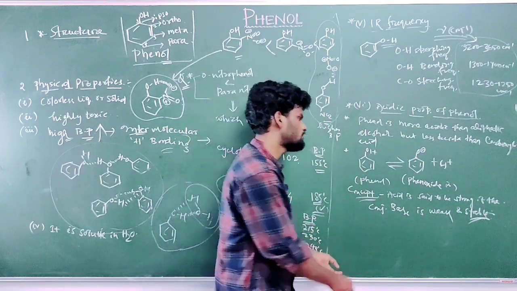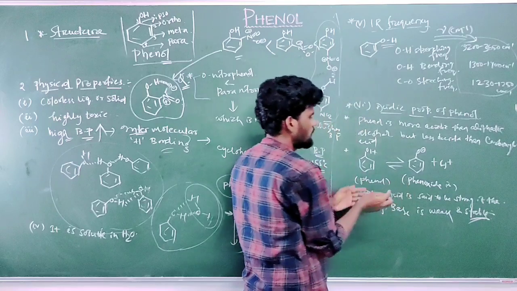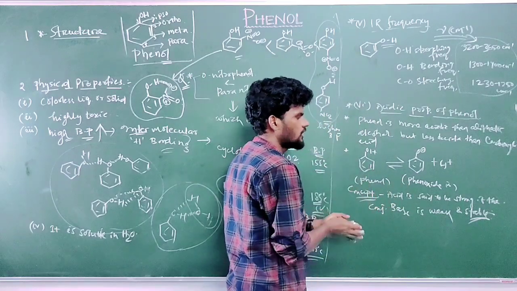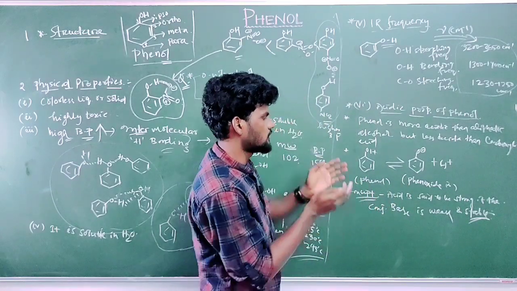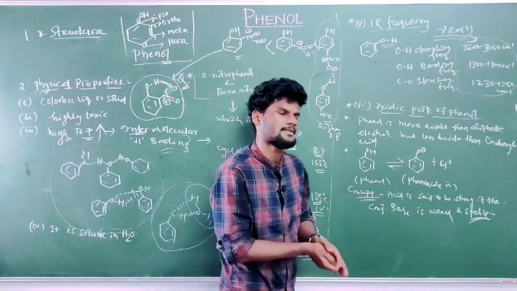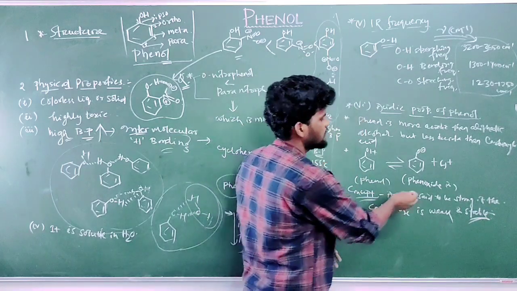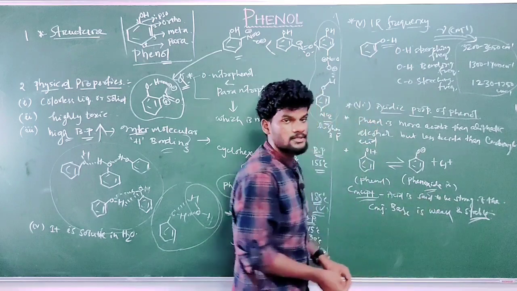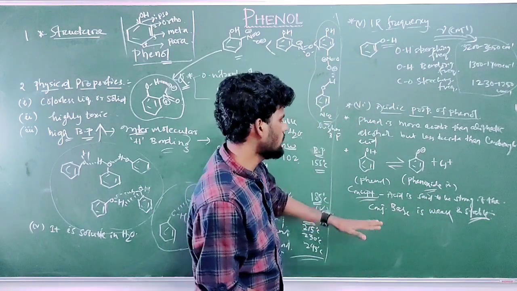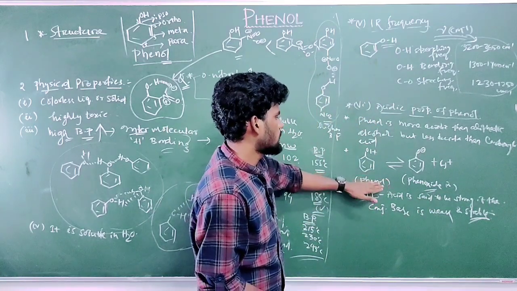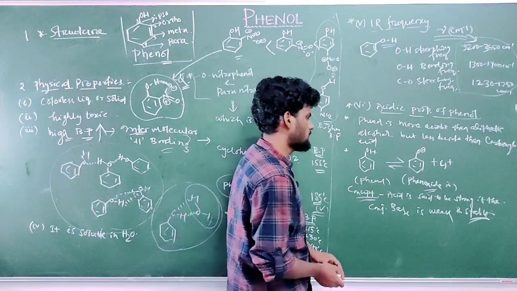If in the conjugate base there is charge distribution, charge delocalization or resonance, then we can say the conjugate base is stable. And if the conjugate base is stable, we can say the corresponding acid is a stronger acid.